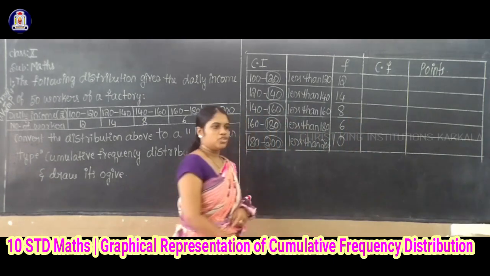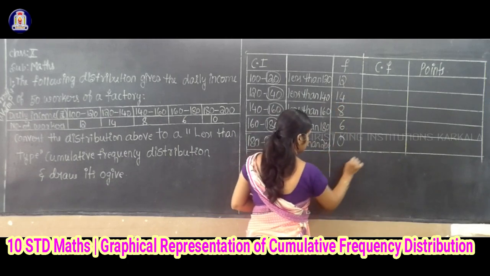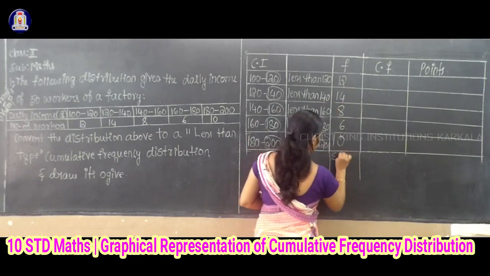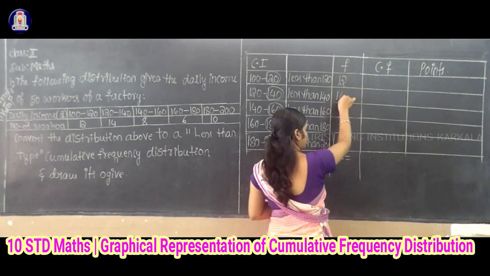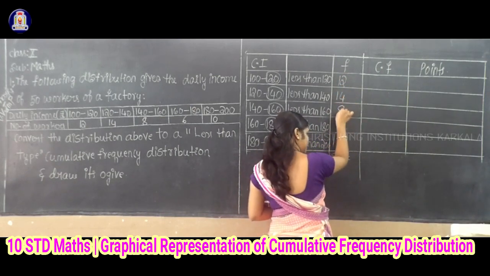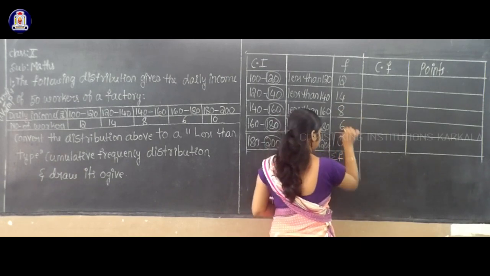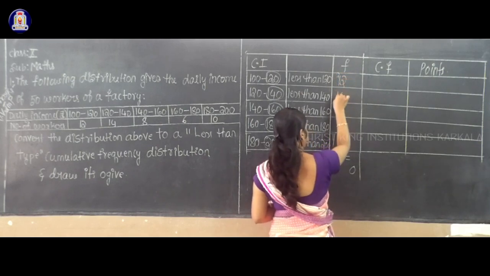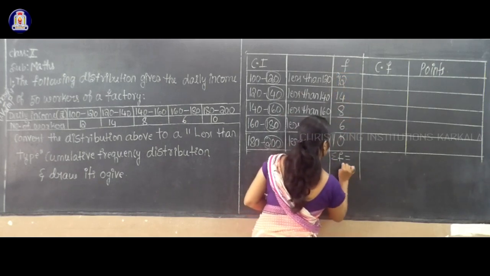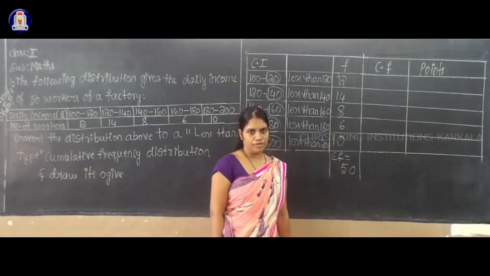Now I will do the summation of this frequency column, summation of f. Add these numbers: 2 plus 4, 6. 6 plus 8, 14. 14 plus 6, 20. 2 carry 2, plus 1, 3, 4, 5. So the summation of frequency is 50.